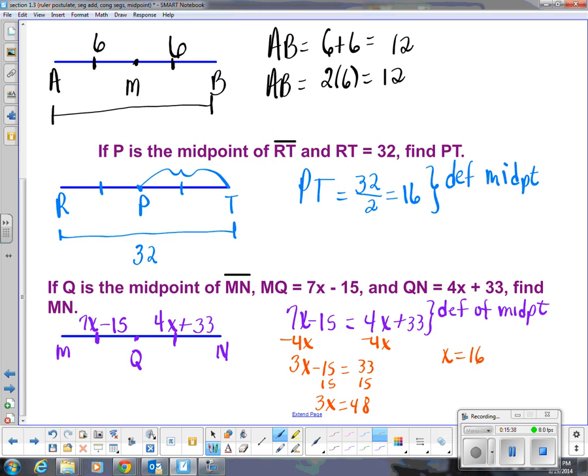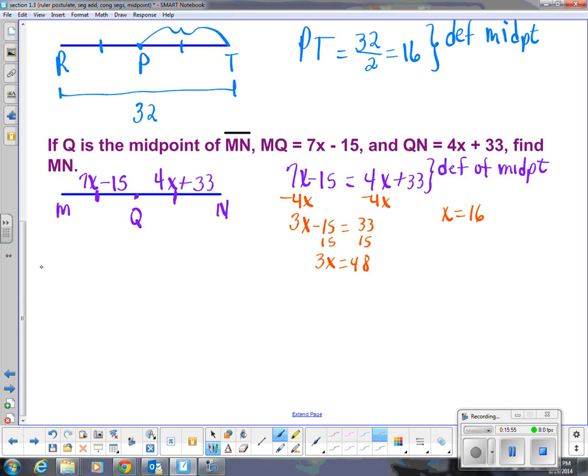All right, so there's several ways to find MN, and I'm going to write all the ways that we could possibly do this. So let me start with this one. The first thing we could do, let me move this up, is I could say MN is equal to 7 times 16 minus 15 plus 4 times 16 plus 33.